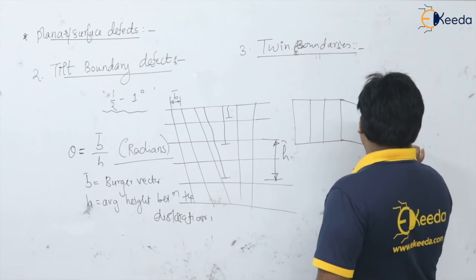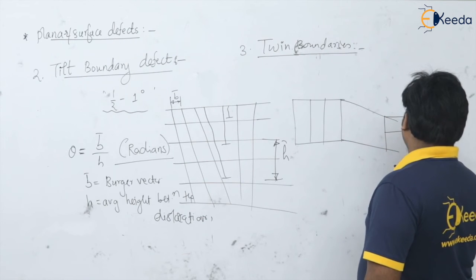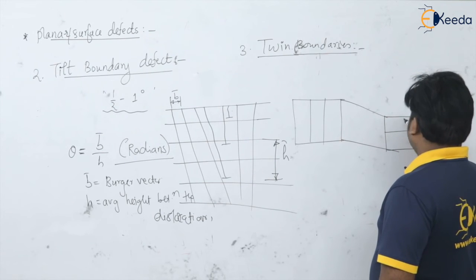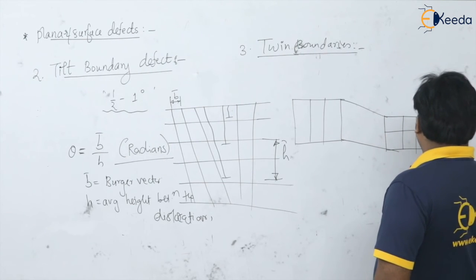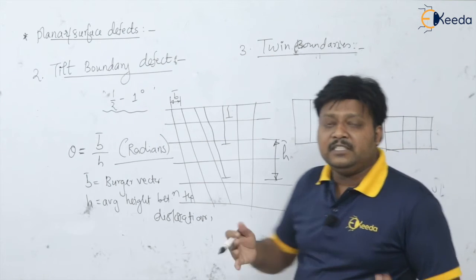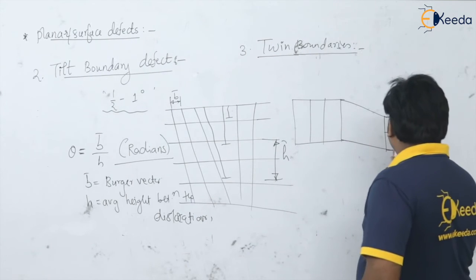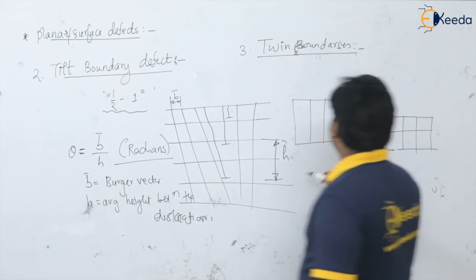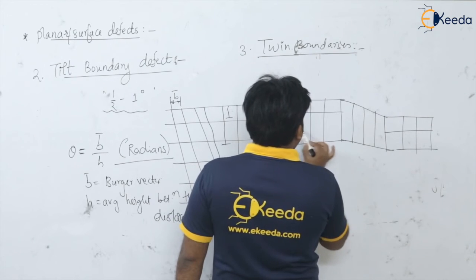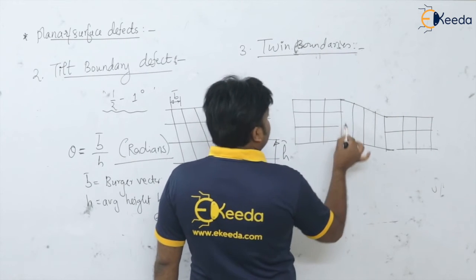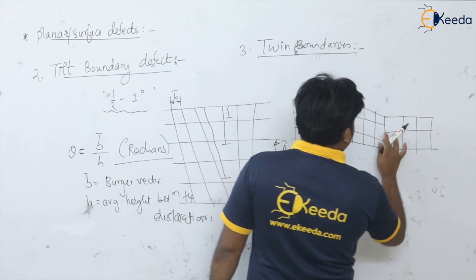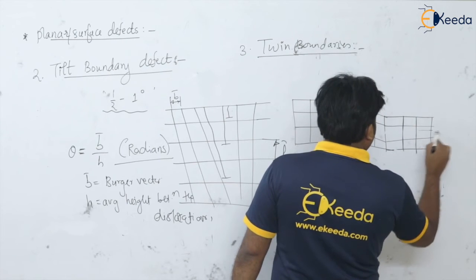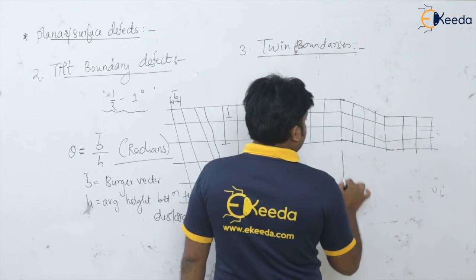So definitely there will be the slip region, and the arrangement of the atoms in the slip region is exactly the mirror image of the atomic arrangement in the unslipped region. Please see it. Okay, so this is the twin region.